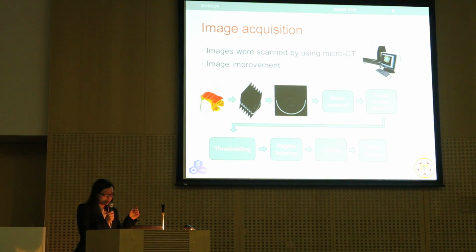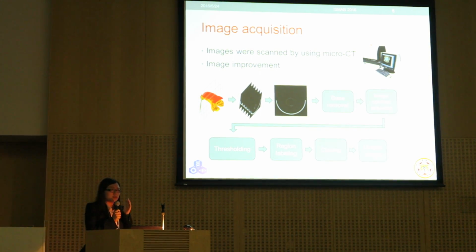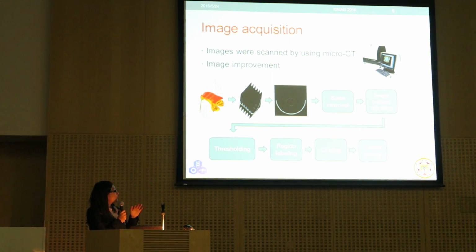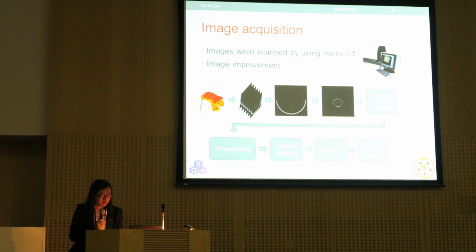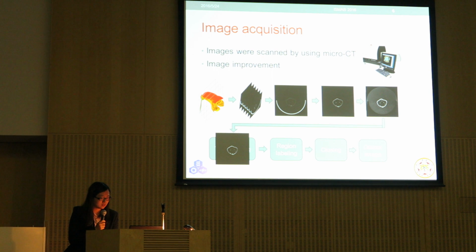And image acquisition. Imaging was done by using micro CT. We put the specimens in the chamber of the micro CT, and we can get slice images. There is the base of the chamber in the slice image, so we need to remove it. Then image contrast adjusting, thresholding to remove noise, and range labeling.